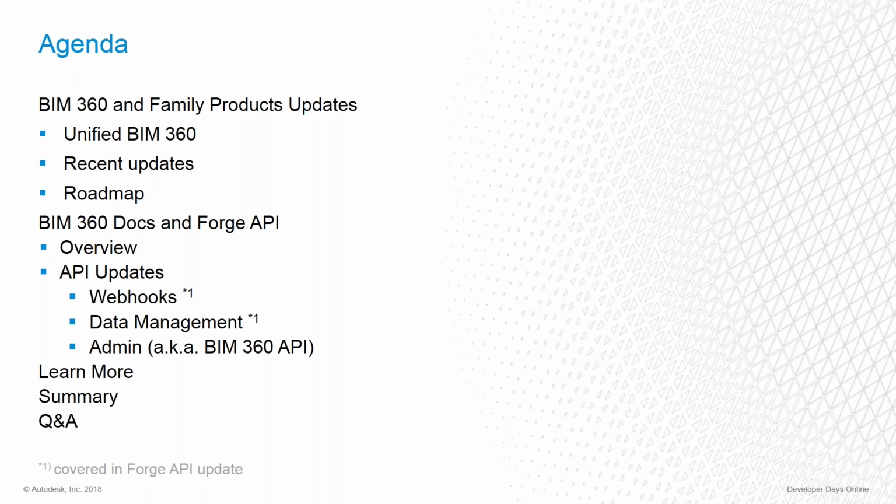Another thing we have is the admin side of updates, which is actually known as the BIM360 API, because those are specific to BIM360. Then we'll also add learn more materials if you are interested in learning more, followed by the Q&A.